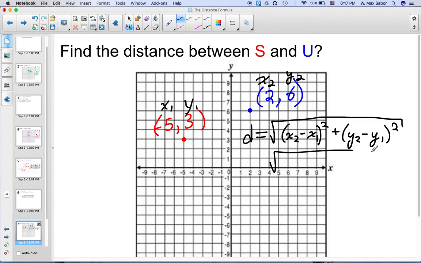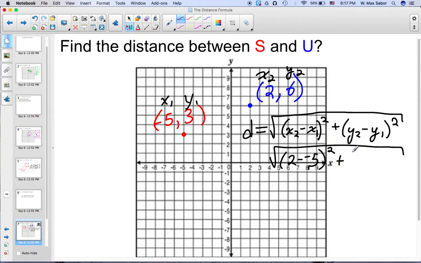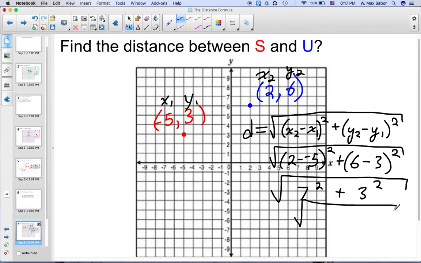Now we substitute in. x2 is 2, x1 is -5, y2 is 6, y1 is 3. Now 2 minus -5 is 7, 6 minus 3 is 3. Squaring them gives us 49 plus 9, square root of 58. And that's our answer.